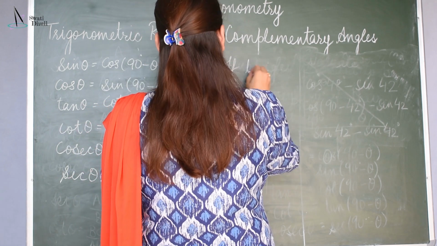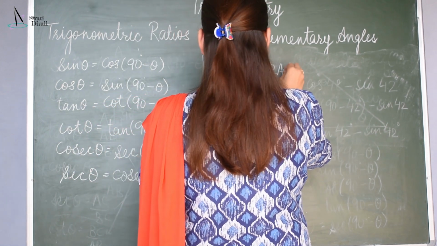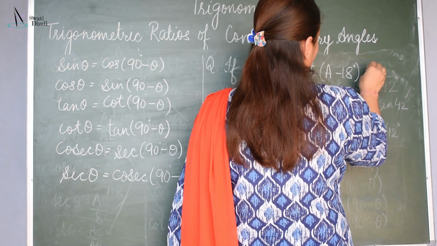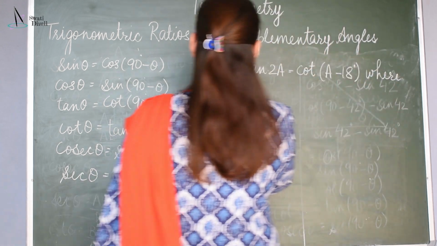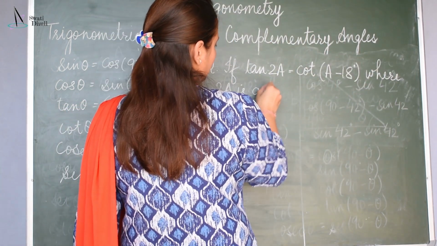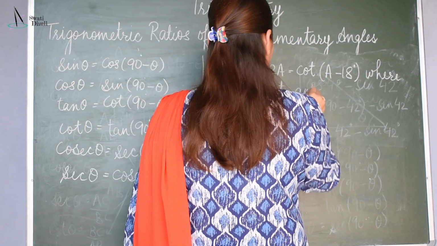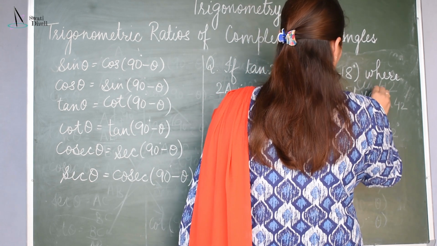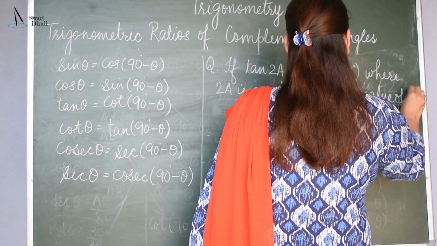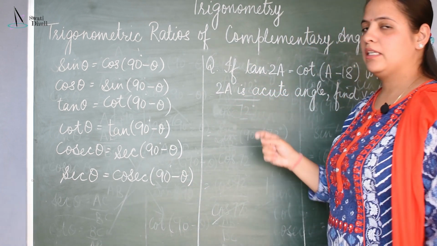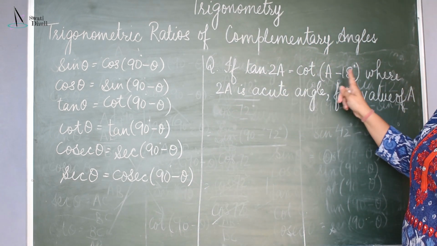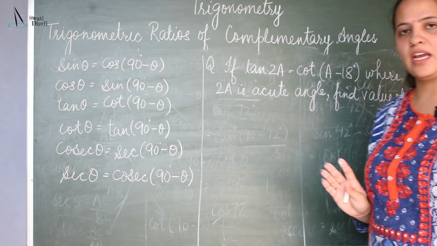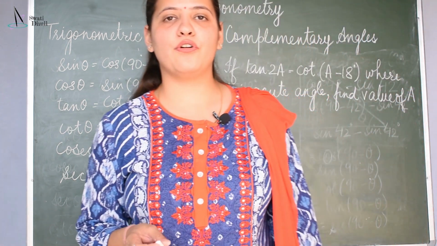If tan 2a is equal to cot a minus 18 degree, where 2a is an acute angle, find the value of a. You are given that tan 2a is equal to cot a minus 18 degree, where 2a is an acute angle, and you need to find the value of a. So how can you find out the value of a?